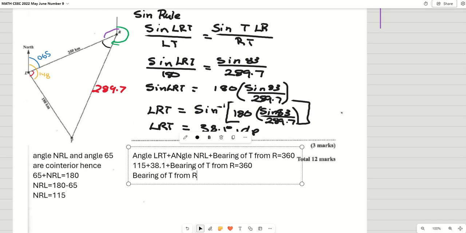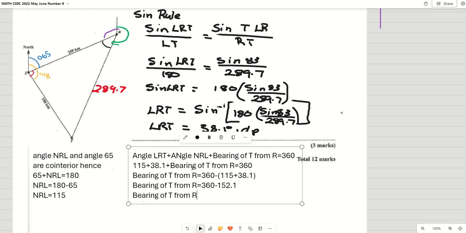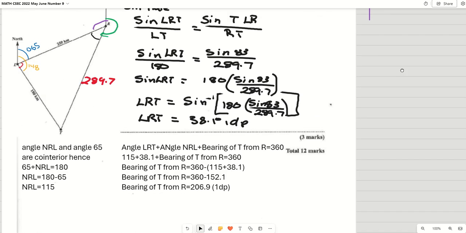So the bearing is equal to 360 minus 115 plus 38.1, that is 360 minus 153.1. So this is equal to 206.9 to 1 decimal place, and that is how you would find the bearing of T from R.